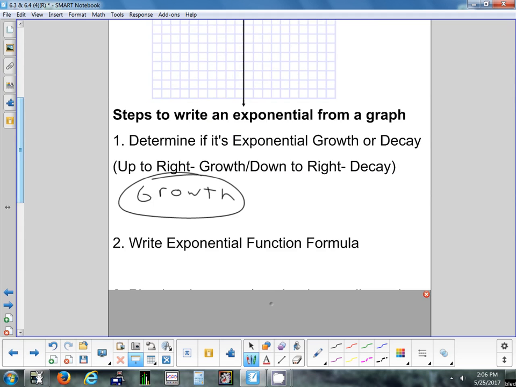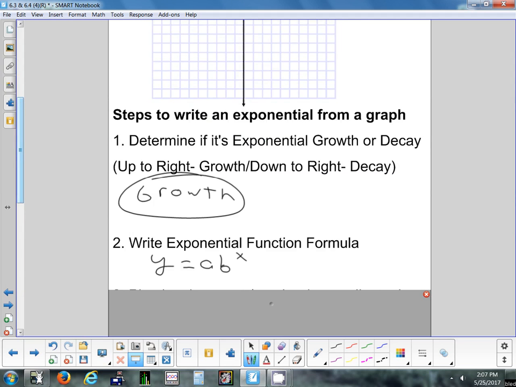Next thing we need is the formula. Exponential growth and exponential decay use the same formula. How does the formula start? Yep, y equals ab, and x as the exponent.